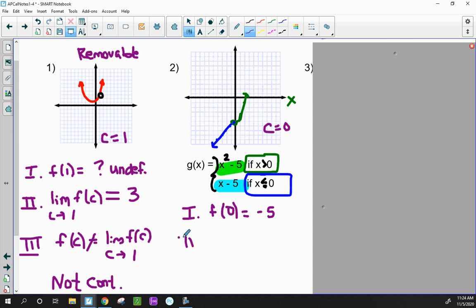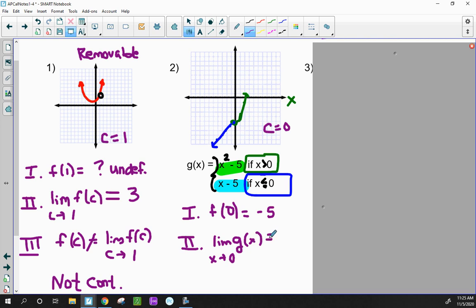Okay, second condition. Then I have to look for the limit. Well, the limit of g of x, I used the wrong letter, sorry. Limit of g of x as x approaches 0. Okay, or I could use c here, either one.